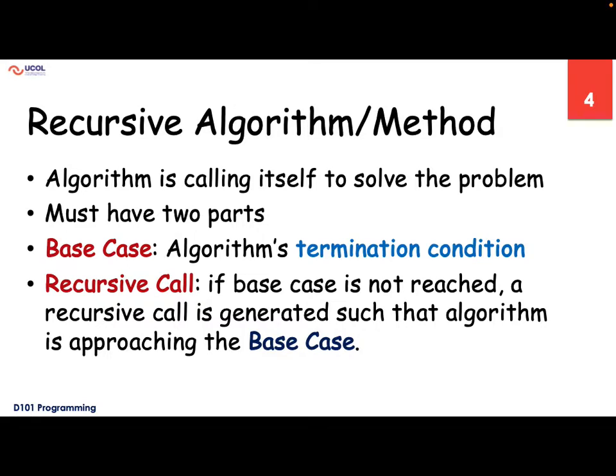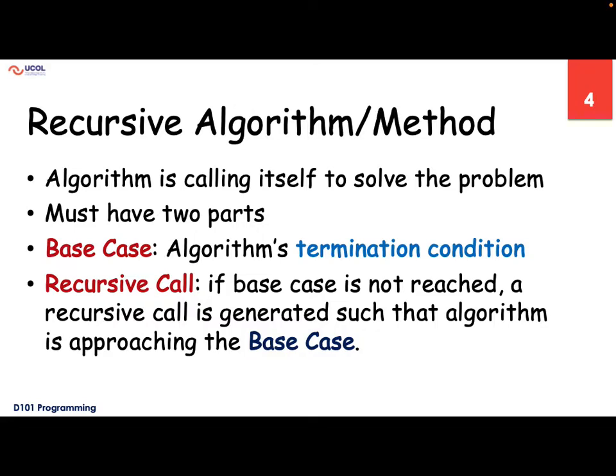So the base case helps us to terminate the recursive calls. And the recursive call: if the base case is not reached, if that value has not become 0, we need to keep calling that specific method to solve the problem, until we reach the base case. Every time we make a recursive call, we are moving closer to the base case.